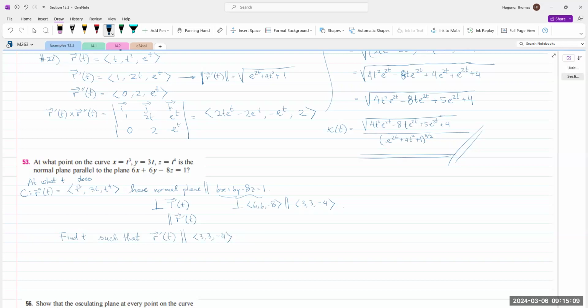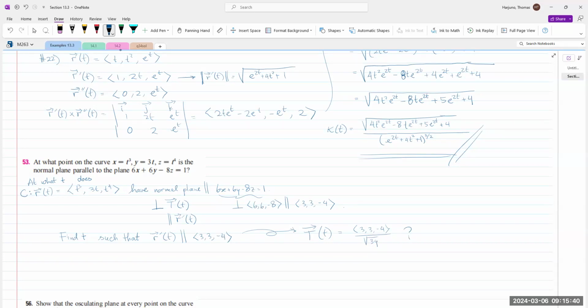Now actually you will see that if you play with the unit vector, then you basically need to find at what t is the unit tangent vector equals to (3, 3, -4) divided by its own length. So 18 plus 16, square root of 34. That's what we need to find.